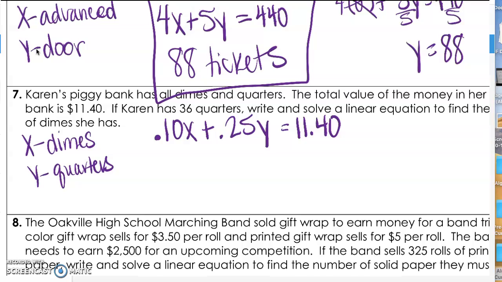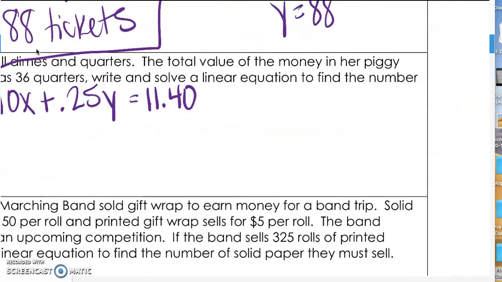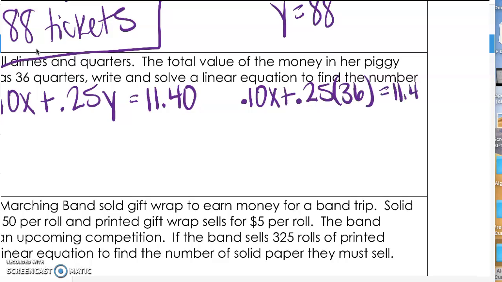It says she has 36 quarters. How many dimes does she have? So we're going to plug 36 in for y and solve there. Again, if you don't want to set it up as an equation, you just know, okay, 25 cents times 36 gives me $9. So that means she has $9 in quarters.